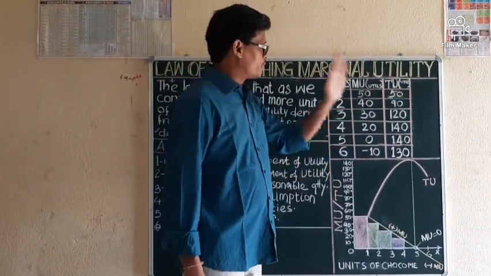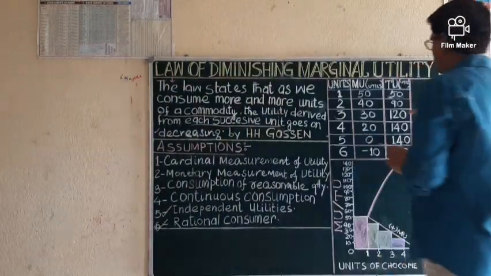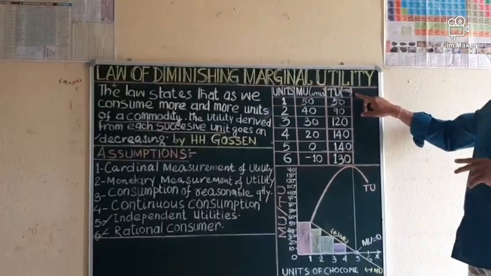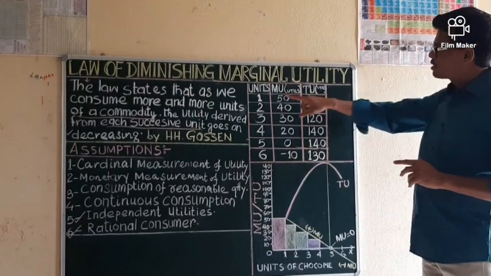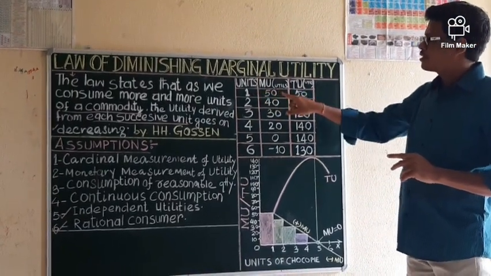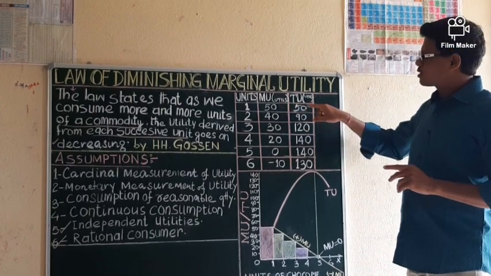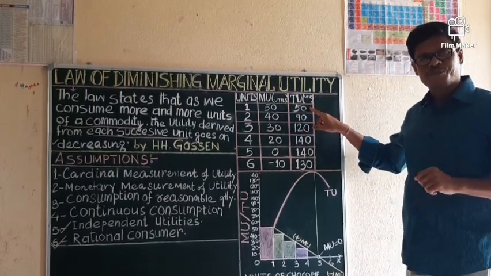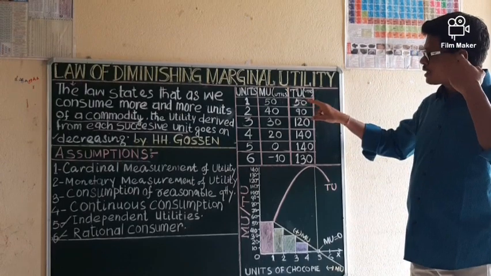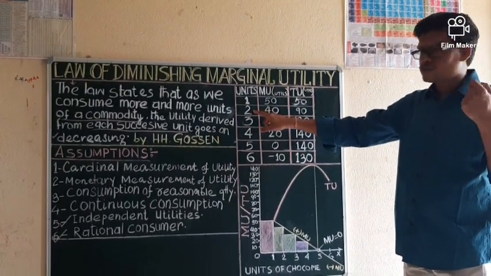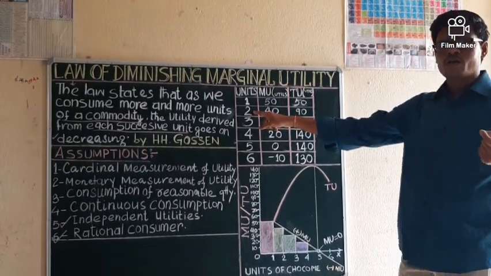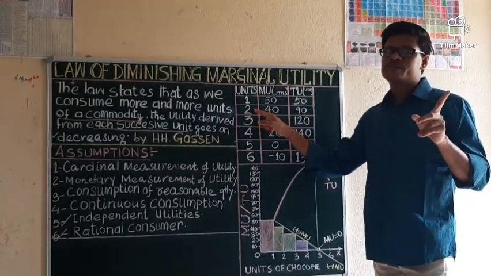Now come here. When we are coming to this total utility concept, the first unit is giving marginal utility equal to 50 and the total utility is also 50. Now upon consuming the second unit, when we are consuming the second Lotto Choco Pie, we are getting an additional 40 utils.